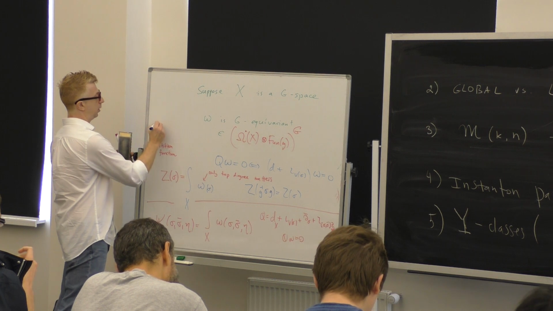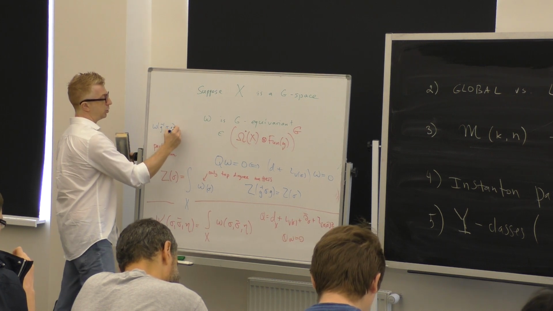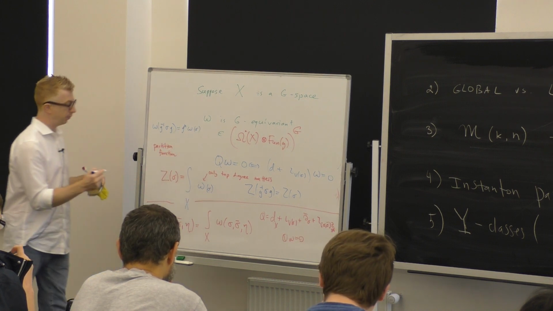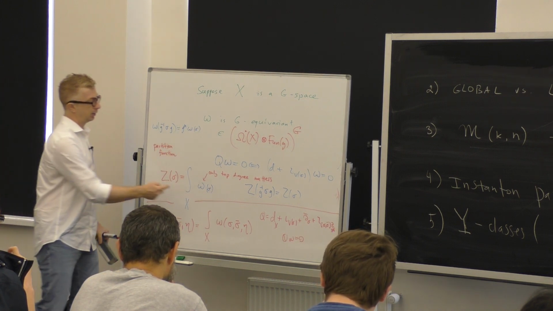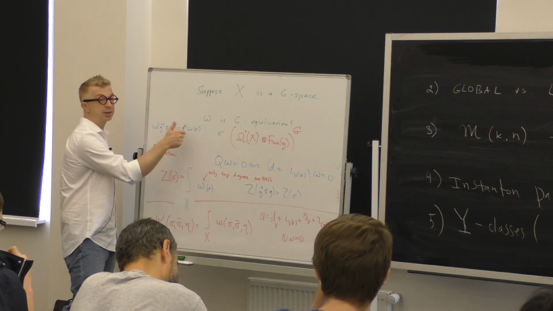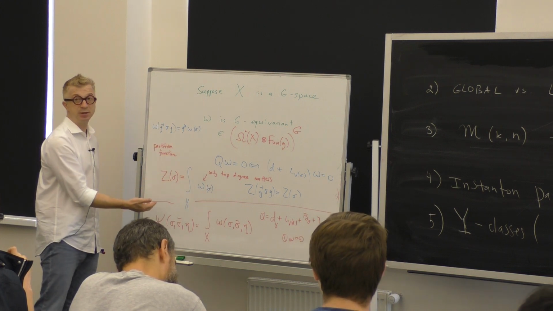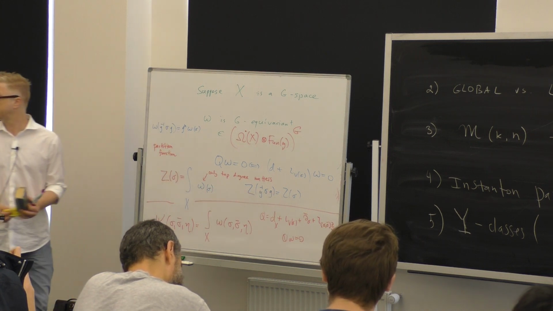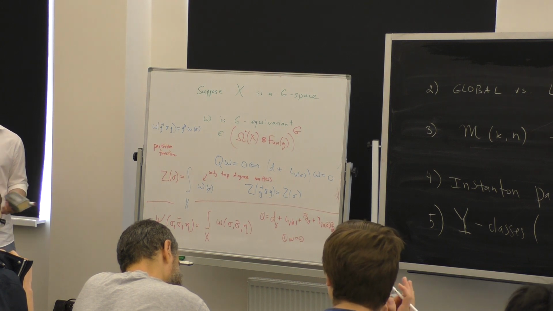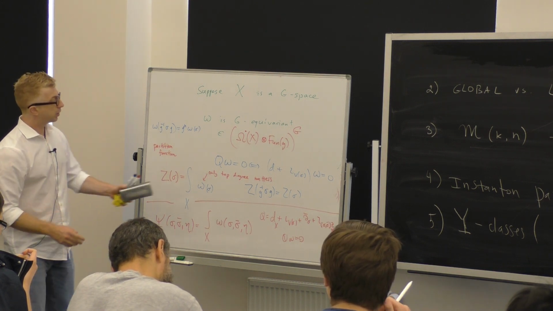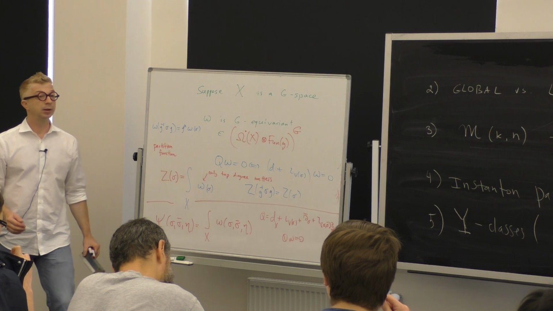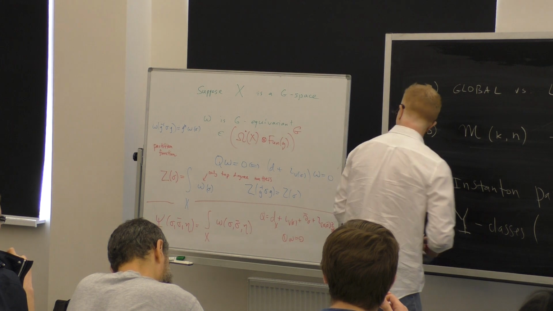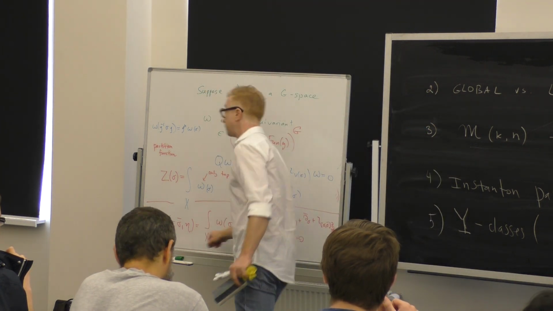So omega of conjugated sigma is the same thing as the pullback of omega of sigma with respect to G. And doing pullbacks, any diffeomorphisms under the sign of integral, doesn't change the integral. So this partition function is actually a function only on the conjugacy class of sigma. So to compute it, it's enough to know its restriction onto the maximal torus.